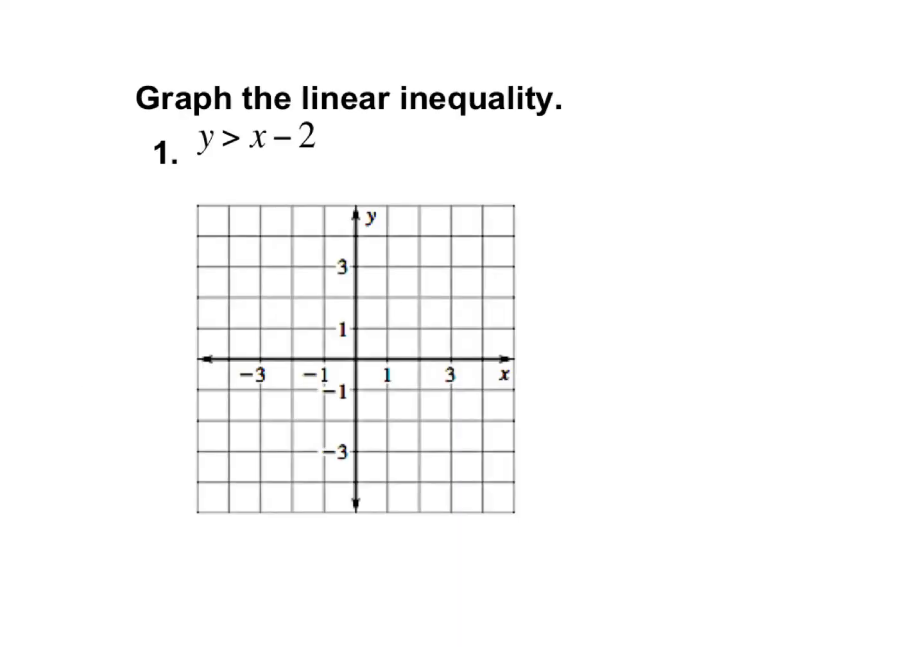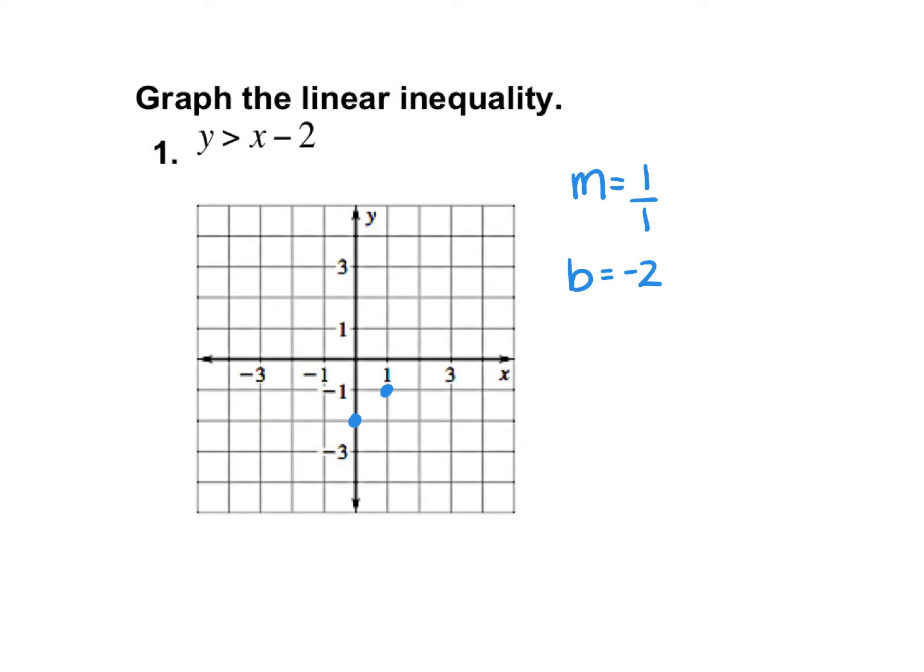All right, so let's graph the linear inequality. Number 1, we have y is greater than x minus 2. All right, it's already been solved for y, and my slope is going to be equal to 1, or 1 all over 1. My y-intercept is equal to negative 2. All right, so that means I'm going to start at the negative 2. And I'm going up 1 over 1.